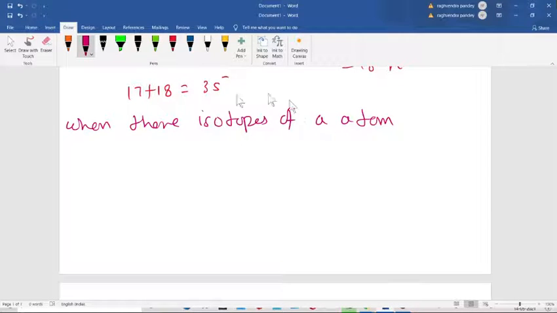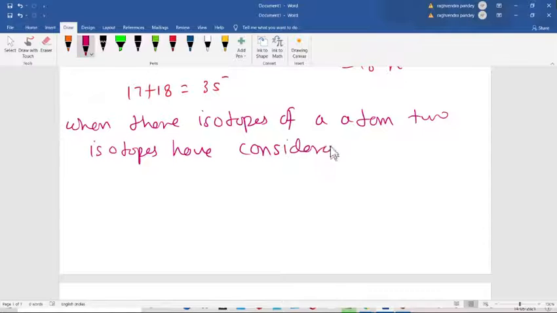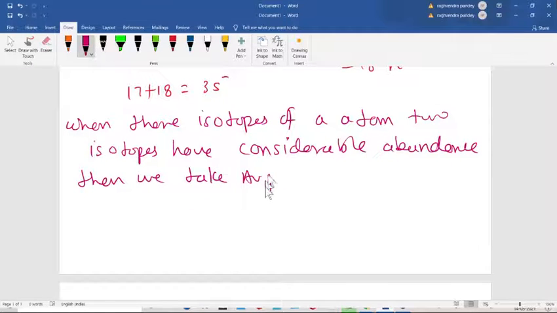So when we have isotopes and there is a certain percentage of that isotope, suppose two isotopes have considerable abundance. Abundance means they are present in a certain quantity. Then we take average mass.